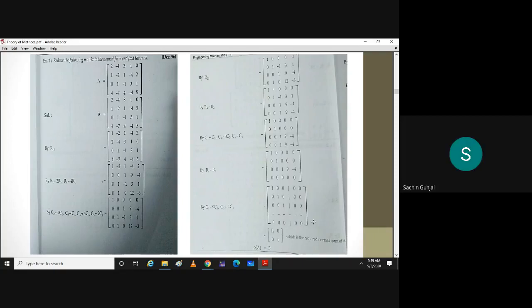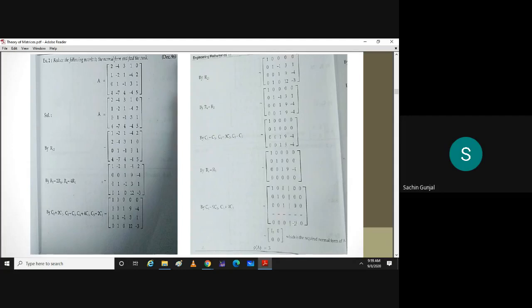See, what she is saying is, if this last entry is 1, after some row operation and column operation, what I will do is interchange columns. So this 1 will come at this position. I will interchange C4 and C5, so I'll get 1 here.